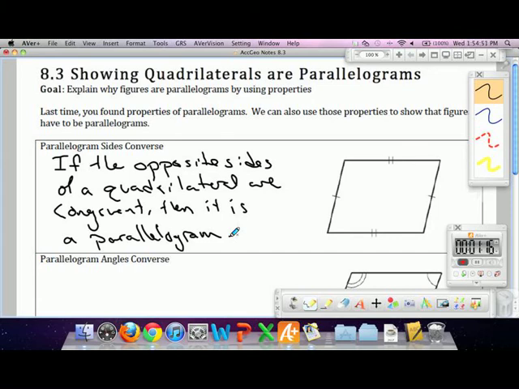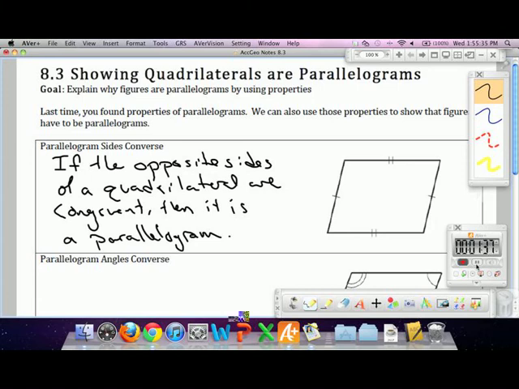So if you have a four-sided figure and you know that the opposite pairs of sides are congruent, then that figure is forced to be a parallelogram.